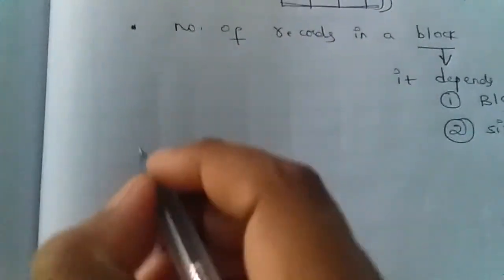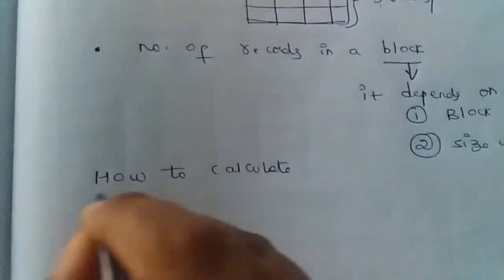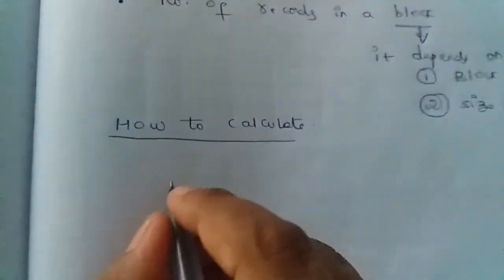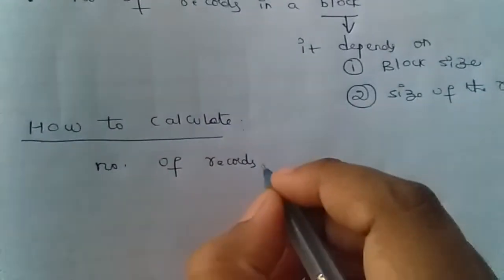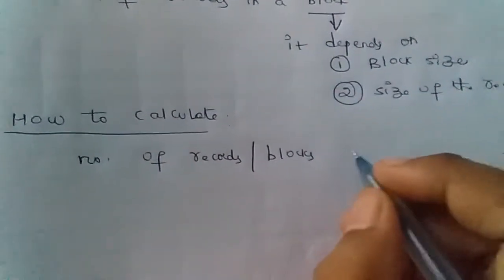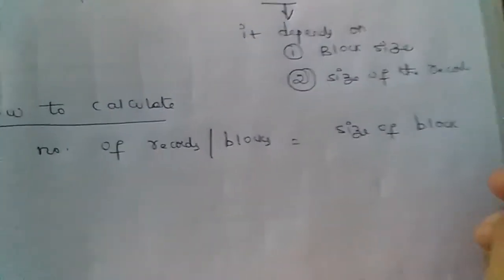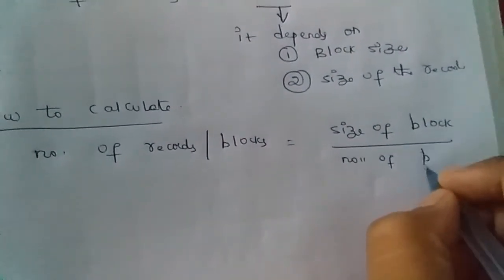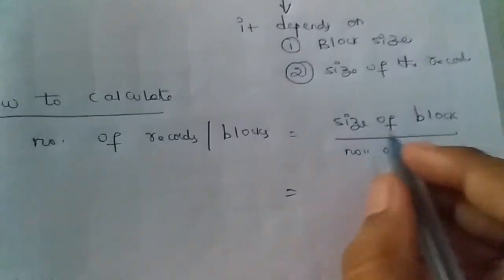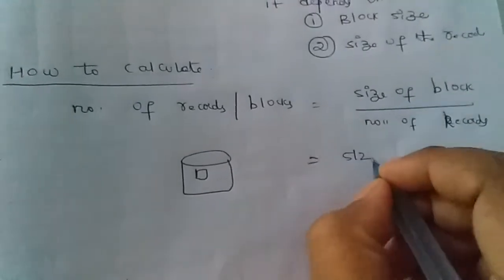How to calculate? The number of records per block is equal to the size of block divided by the size of the record. For example, this is block 1. The block contains 512 bytes.